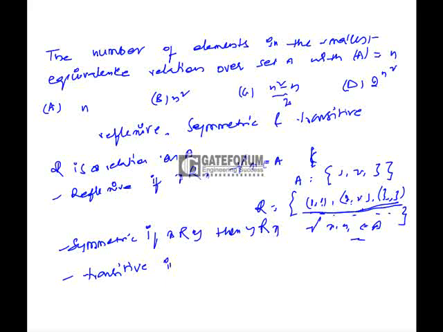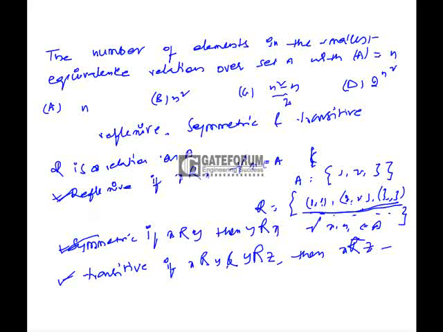If x relates to y and y relates to z, then x should relate to z. Then it is transitive. A relation R is equivalence if it is reflexive, symmetric and transitive.